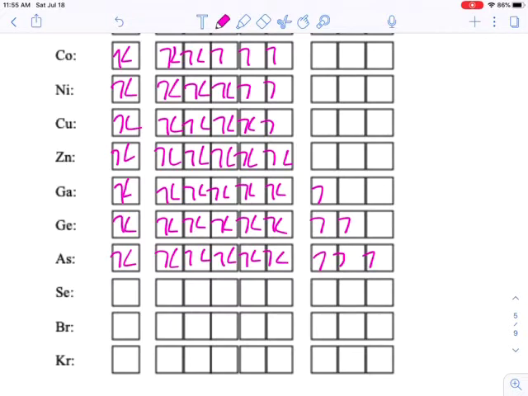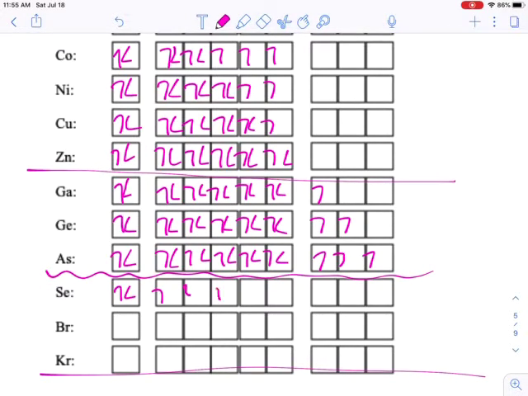Arsenic, 1, 2, 3, 4, 5, 6, 7, 8, 9, 10, 1, 2, and 3, which, by the way, is halfway through the P subshell. Selenium, 1, 2, 3, 4, 5, 6, 7, 8, 9, 10, and now 1, 2, 3, and then 4. We have to go back down in the other direction. That was a bad arrow. Bromine.